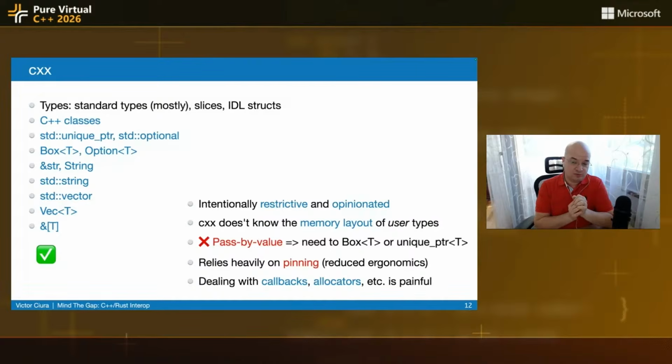And it's proven, as with both C BindGen and BindGen, all these solutions have been battle tested. A lot of projects out there are actually using them, so they're robust. But CXX is intentionally restrictive and, many people say, a bit opinionated. It makes some choices about how it represents things and how it maps semantic concepts from one language to another.